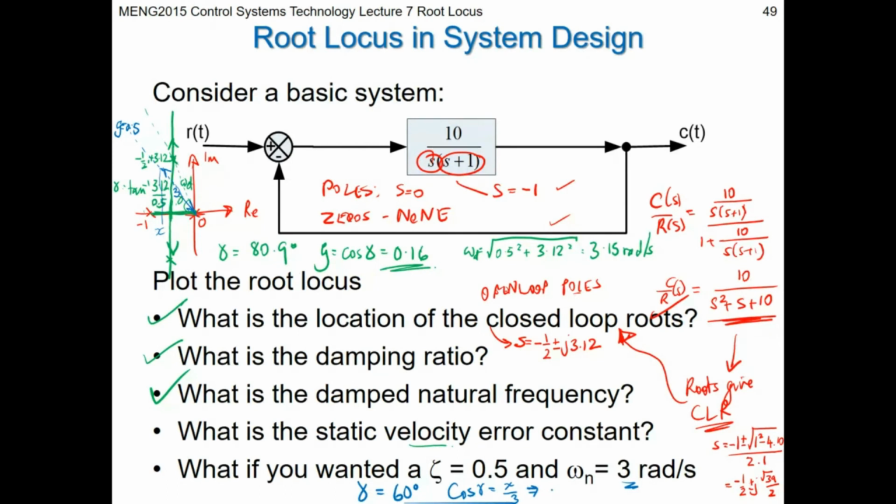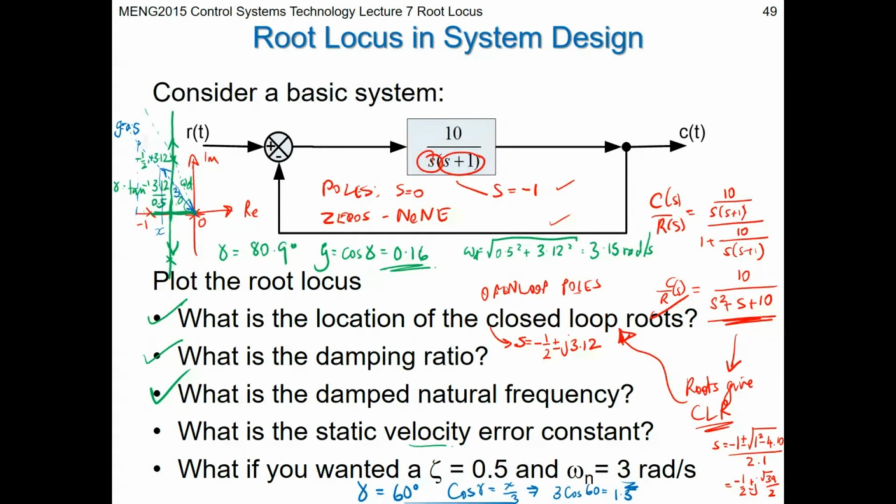Angle is 60, so that means 3 cos 60 equals x, and that's 1.5, right? Or minus 1.5 j in this case. So, I beg your pardon, minus 1.5 is the real. So the problem is now that location is all out over here. So we've now calculated the actual closed loop root location we need is right here.